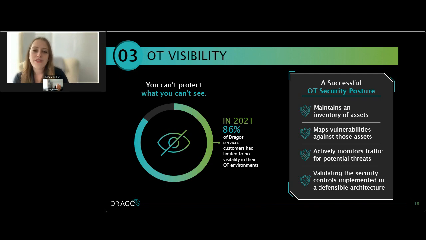Part of OT visibility includes maintaining an inventory of assets, so knowing what you have, and mapping vulnerabilities against those assets. So you have a list of known devices, operating systems, firmware, compiling all that data, and then based on information or intelligence that you subscribe to or seek out, how do the published vulnerabilities apply to your assets?